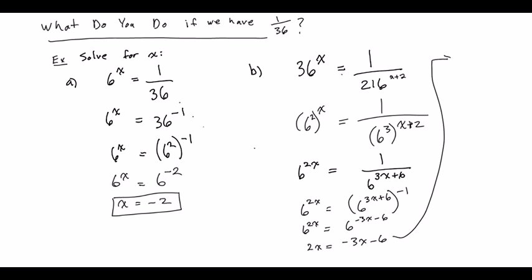We can continue with our final solution, and after all the work, we end up with x is equal to negative 6 over 5. And there we go. This is how we do questions 4H through L on our worksheet.